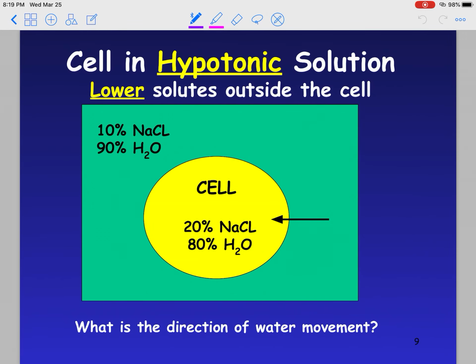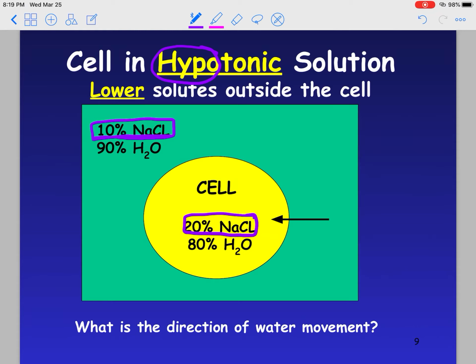So again, now we're moving on to the second kind of solution, which is hypotonic. That means lower solutes outside the cell. So remember, the solutes are the little particles that are dissolved in the water. But for osmosis, we have to look at the water to see which way the water is going to move.